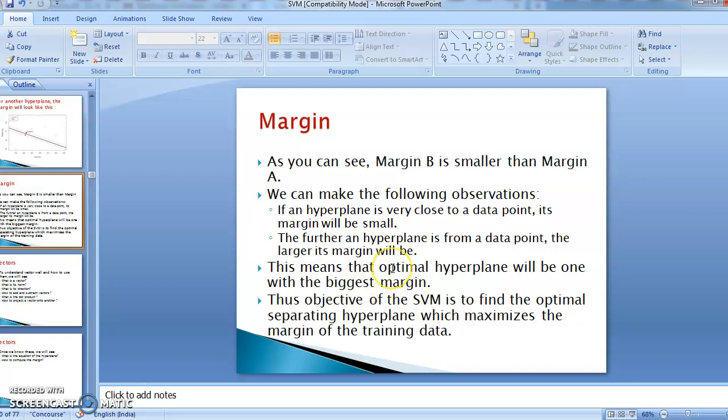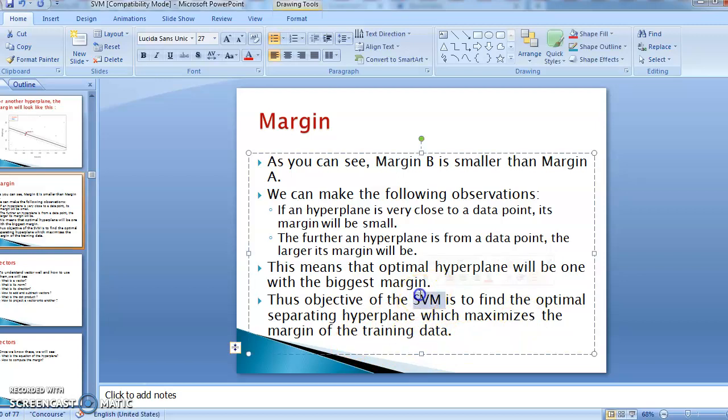So you have to find the optimal hyperplane which gives the biggest margin. What is our task? We have to find the optimal hyperplane so that it will have the larger margin. The objective of SVM is to find the optimal separating hyperplane which maximizes the margin of training data. This is our objective.